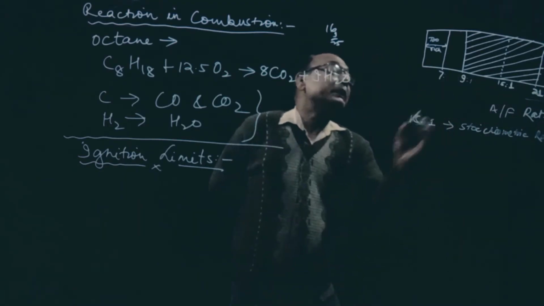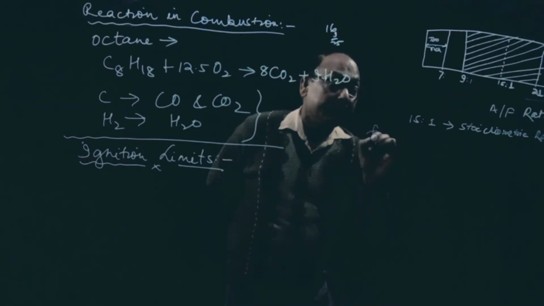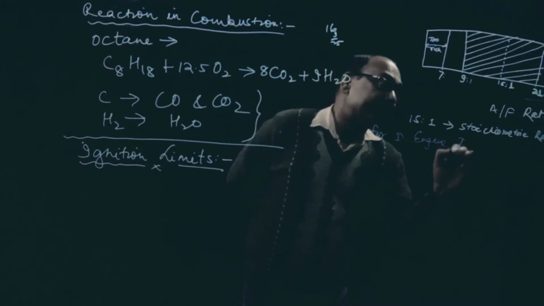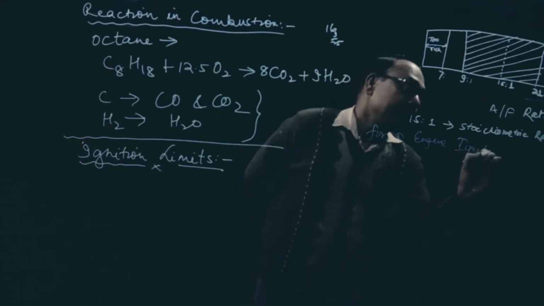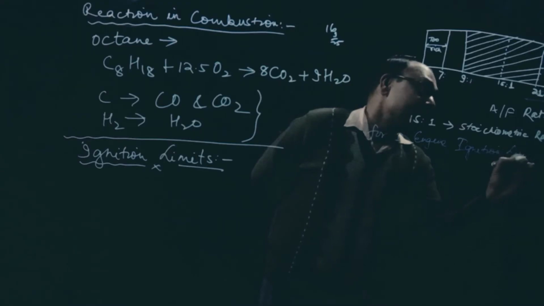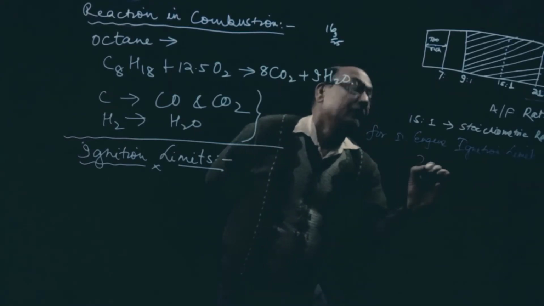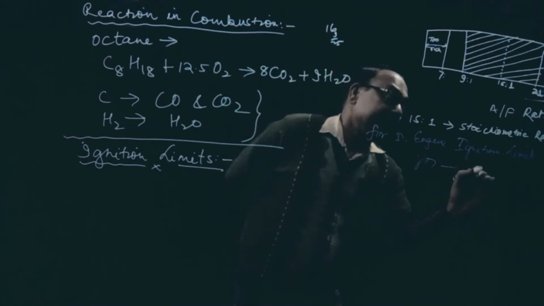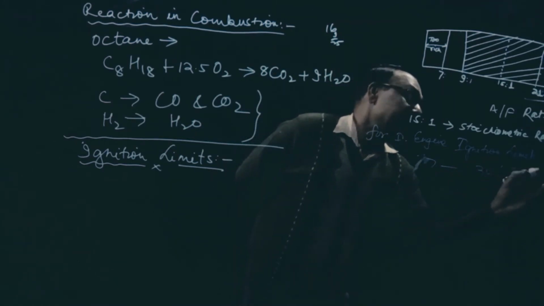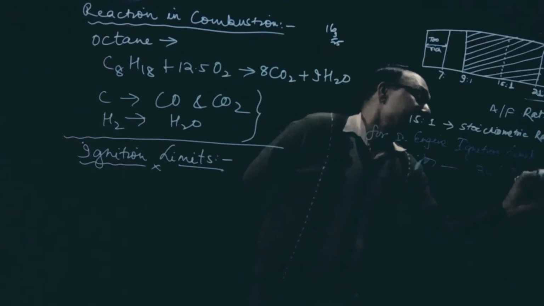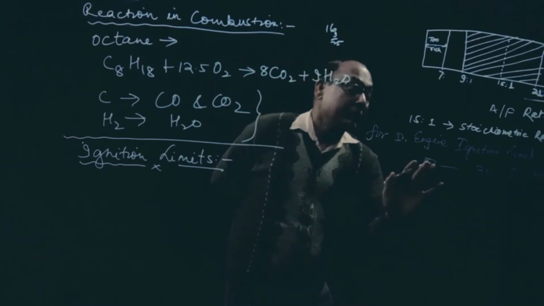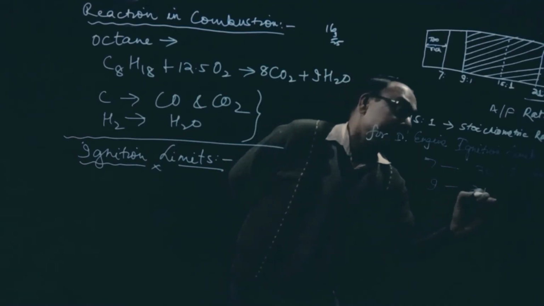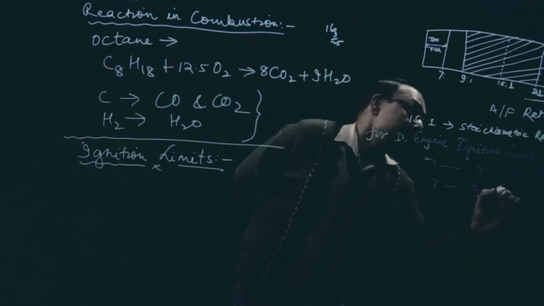Now the ignition limits for an IC engine are 7 to 30. Fuel can be ignited within that, but remember that is theoretical. In actual practice it is 9 to 21 air fuel ratio.